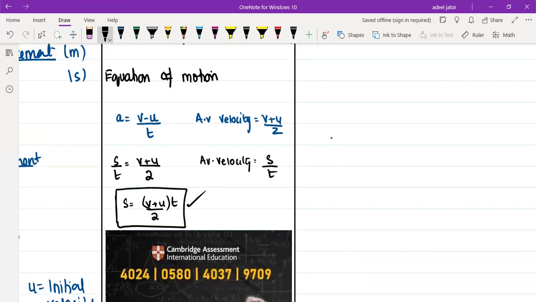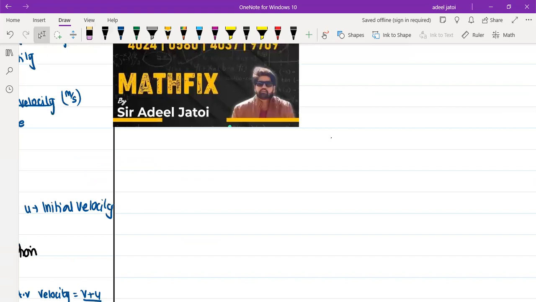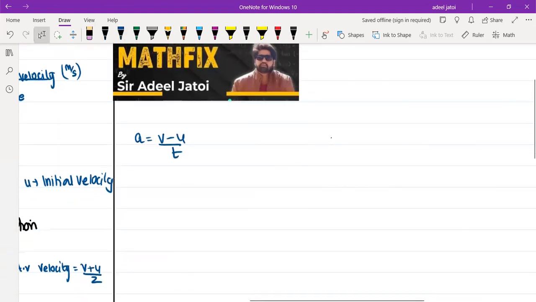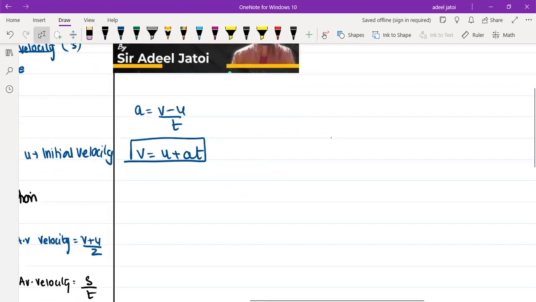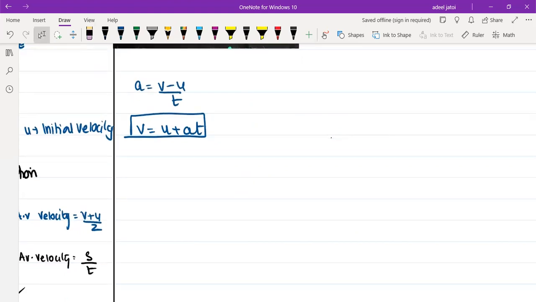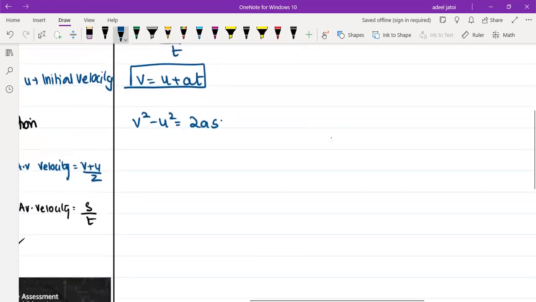Now we'll be using a is equal to v minus u upon t. So v will be u plus at. And the last equation that we have is v square minus u square is equal to 2as.